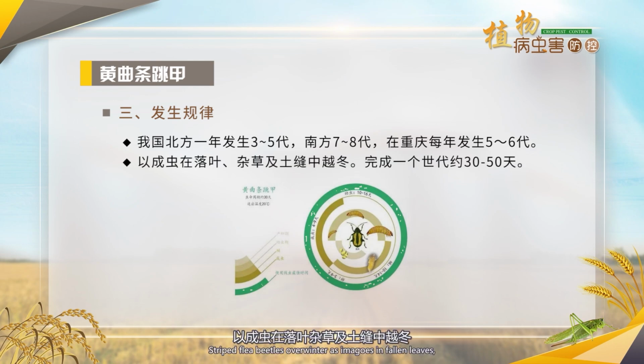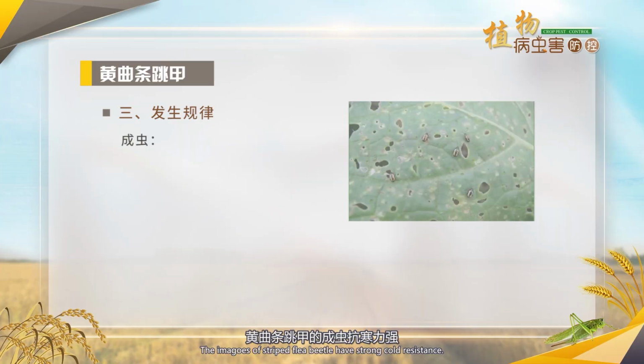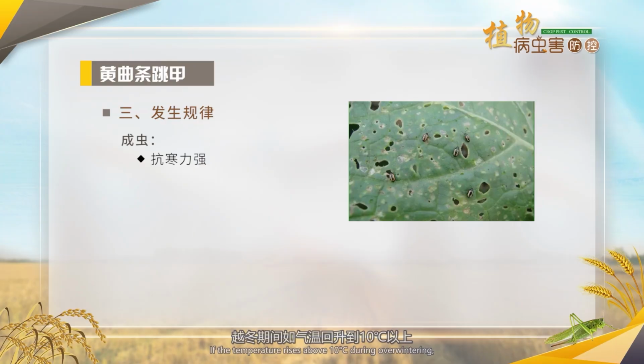Striped flea beetles overwinter as imagos in fallen leaves, weeds, and soil cracks. A generation is completed for about 30 to 50 days. The imagos of striped flea beetle have strong cold resistance. If the temperature rises above 10 degrees Celsius during overwintering, they can still unearth to feed on the back of leaves.